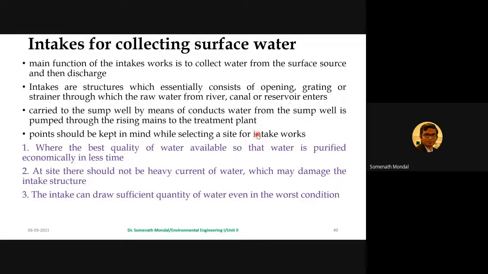This is very, very important. When the discharge in the source is minimum, you have to ensure that your intake structure is still able to draw water, maybe during hot summer days. That is the worst condition which we consider.